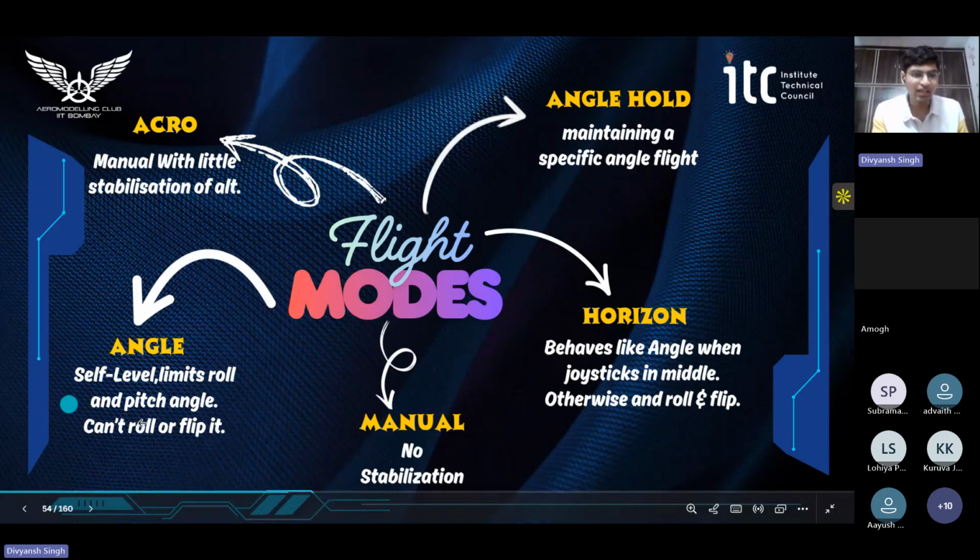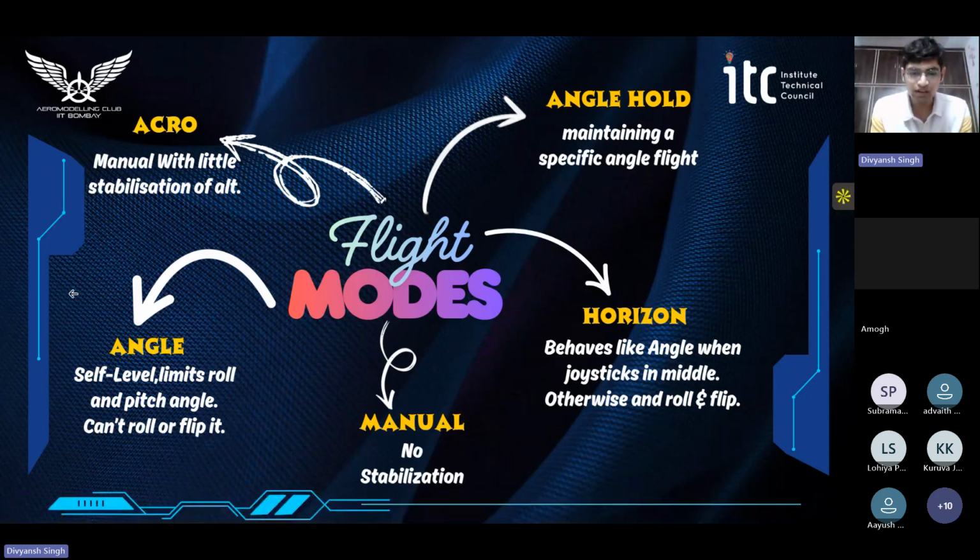Next in the discussion, we have the angle mode. In the angle mode, suppose the pilot suddenly, in the middle of the flight, moves the joysticks to the extreme ends, like he wants to roll or flip completely. The angle mode will not allow that.